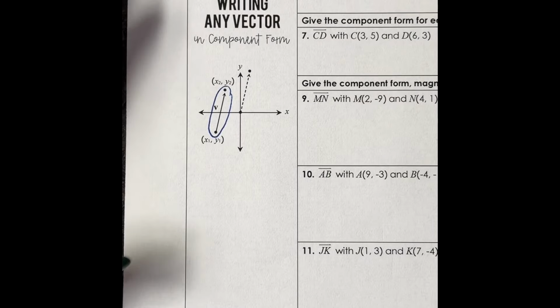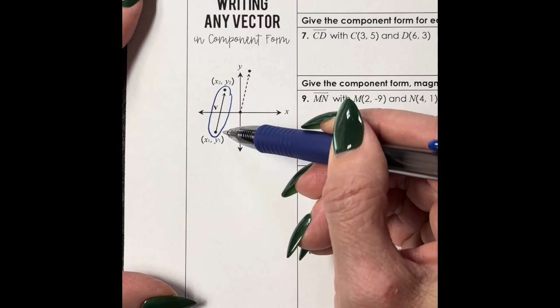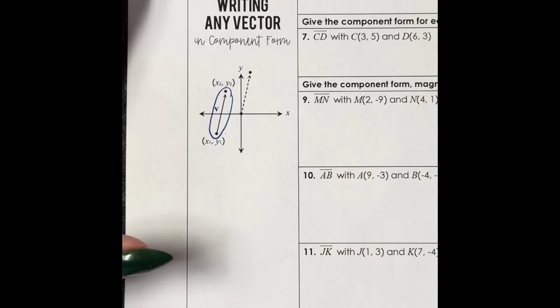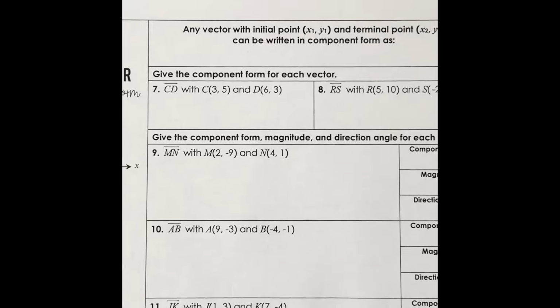The other thing you can think about is, how much do we move to the right or left, and how much do we move up or down to go from the initial point to the terminal point. And that's going to tell you what your final point would be if your initial point is at 0, 0. So we're just going to write a little formula here.